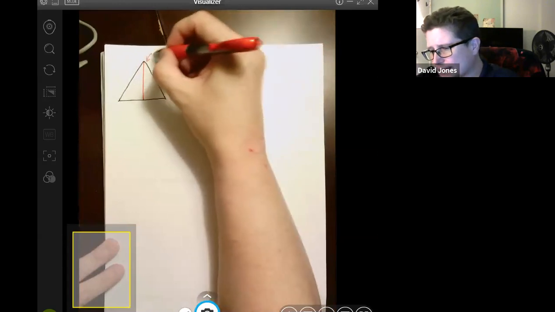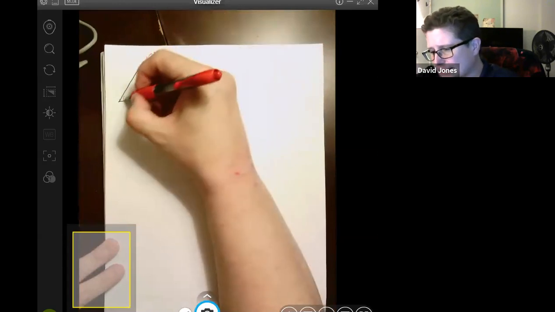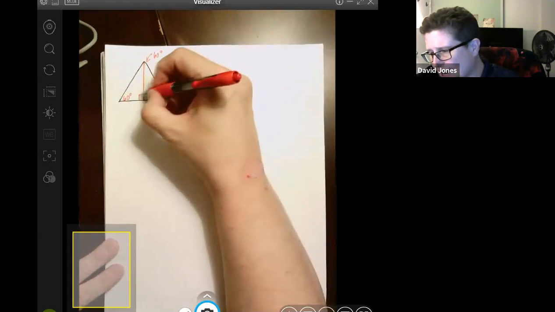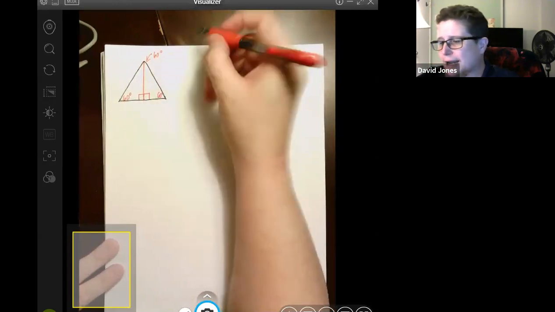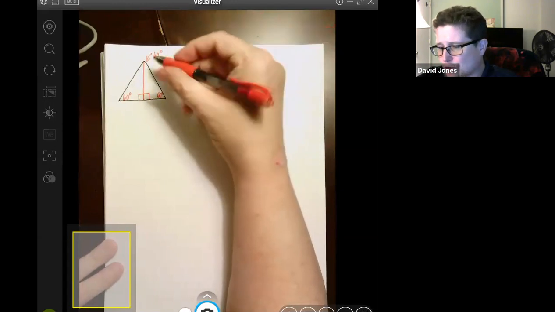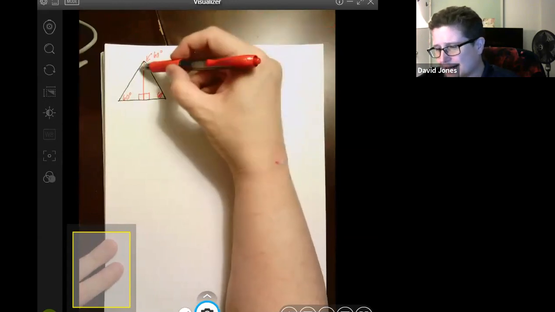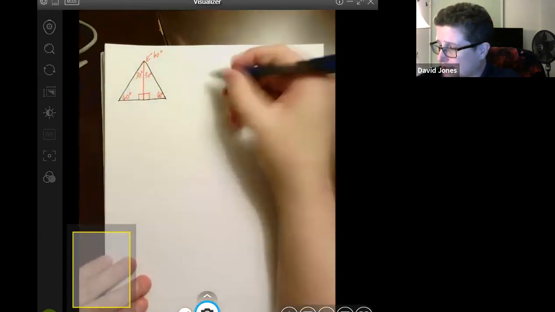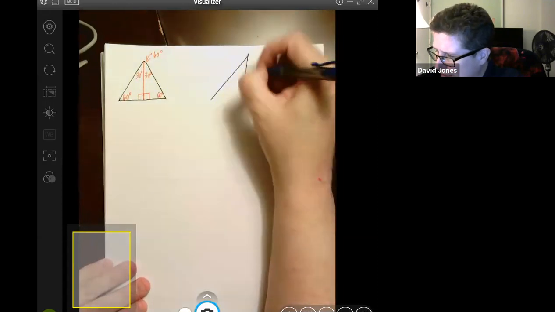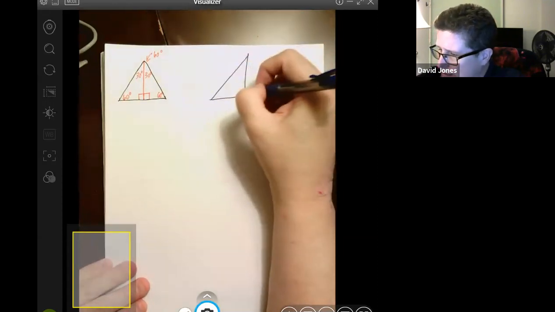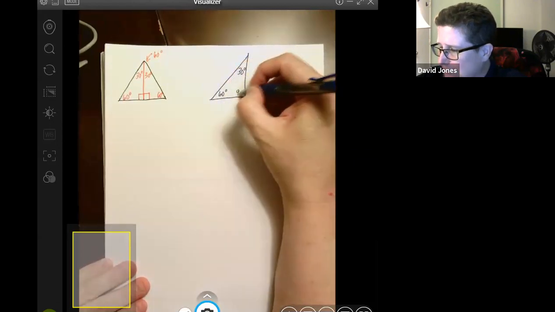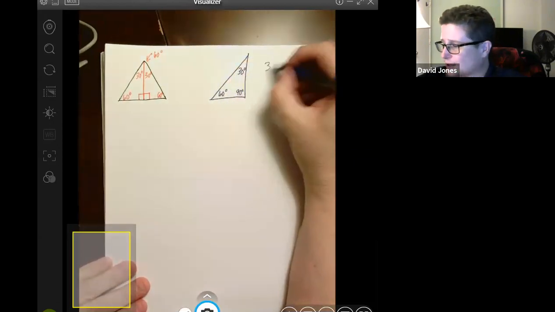So that was 60 degrees. This is 60 degrees. This is 60 degrees. Cutting it in half makes this two right angles, which means we're cutting this in half. This makes this a 30-degree angle. This a 30-degree angle. If I just draw one of them, we have a 30, 60, 90 triangle. That's what it's called, a 30, 60, 90.